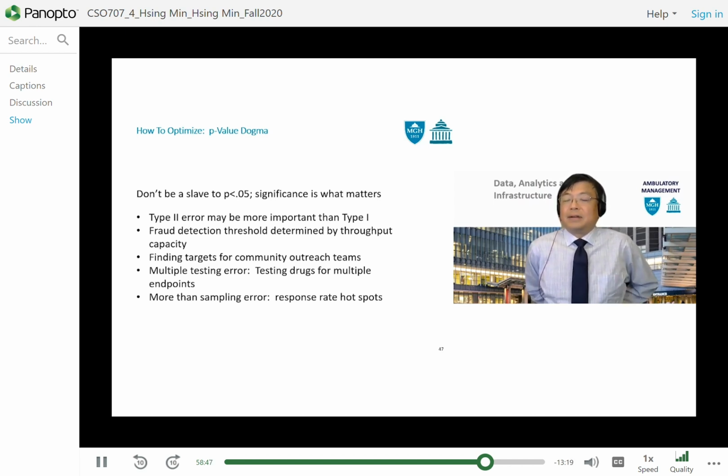So if you test a whole series of drugs for success, or if you take one drug and look at multiple endpoints, you have to adjust the p-value by a tremendous amount to adjust for multiple testing error. And these adjustments are pretty much never done. The adjustments that they do use are not aggressive enough to eliminate multiple testing error.